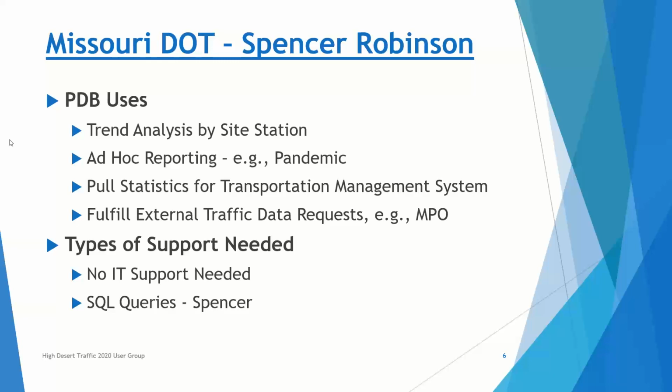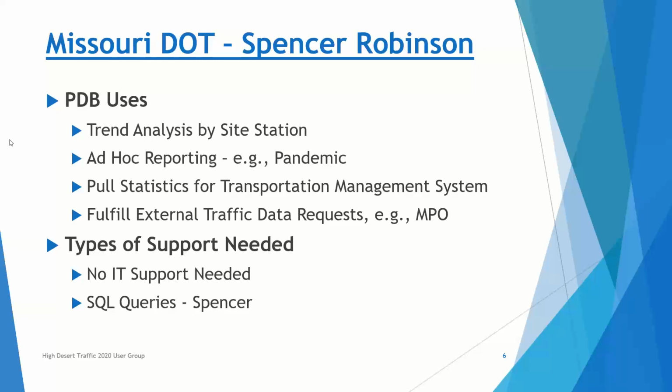We also, like most of you, I'm sure, have used the public database to do ad hoc reporting for the pandemic. We were reporting every day for the first month and a half after we were sent home here in Missouri, and then weekdays until mid-June, and we've gone to weekly reports since then, which has been much better, but gave us the flexibility, for better or for worse, to be able to report daily.